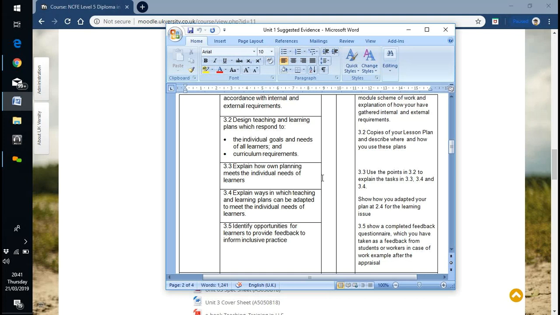Now, with the age group you've got, the next one, 3.5, is somewhat difficult, but what I would suggest is: how do you get feedback from your learners? Well, we normally do what I know, what I would like to know, and what I have learned sheet.